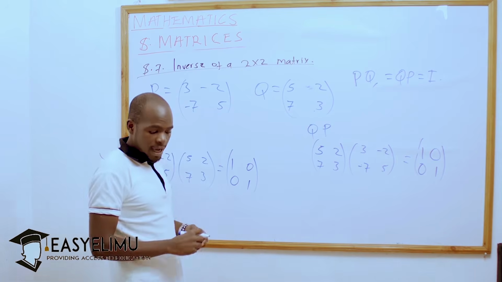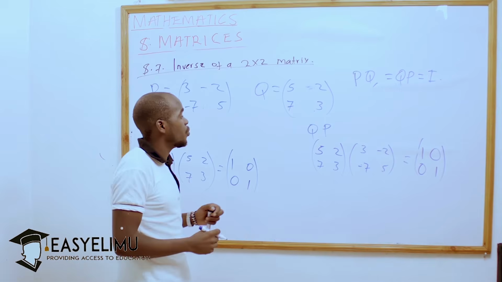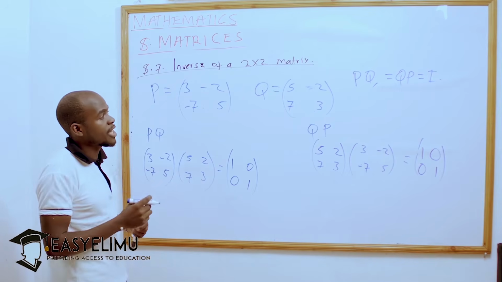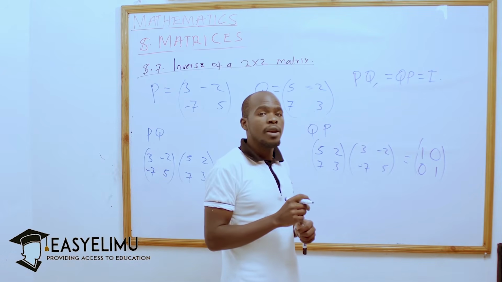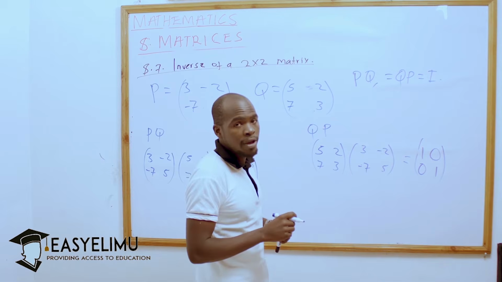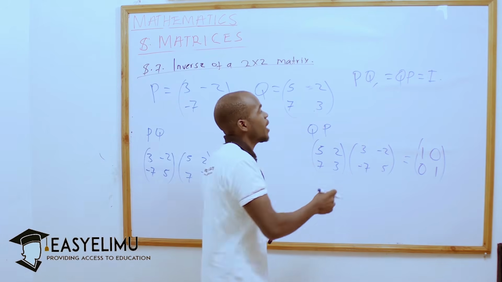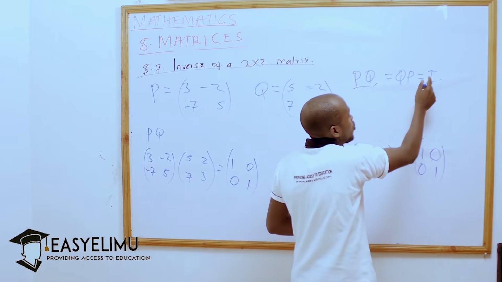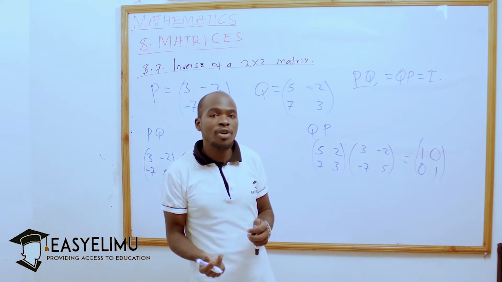We said earlier that if we multiply P by Q, for example A and B, whereby A was the inverse of B, and we get the identity matrix in both orders, that is the inverse of each other.